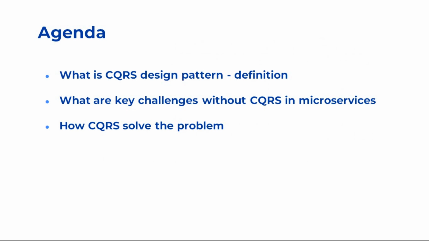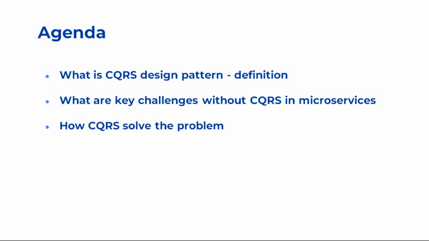Alright, so here's what we are going to talk about today. First up, we'll look at what exactly is the CQRS design pattern, just a simple definition so it's crystal clear. Then we'll step back a bit and talk about the key challenges teams face when they don't use CQRS in microservices.